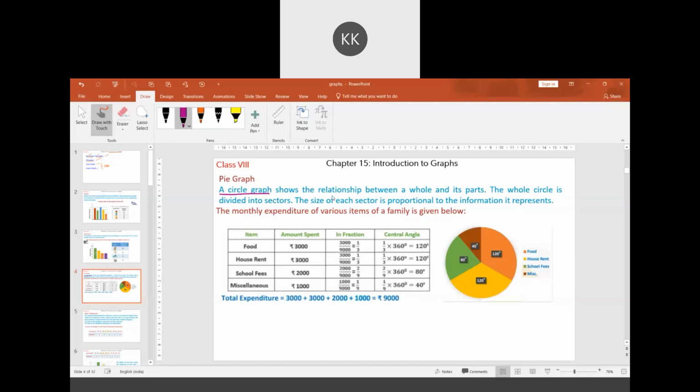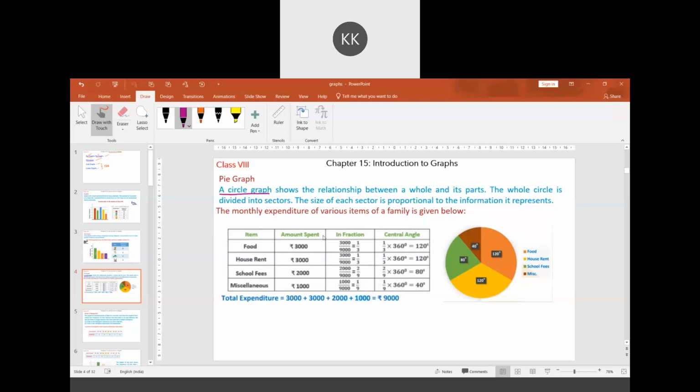The circle graph shows the relationship between a whole and its part. The whole circle is divided into sectors. The size of each sector is proportional to the information it represents.